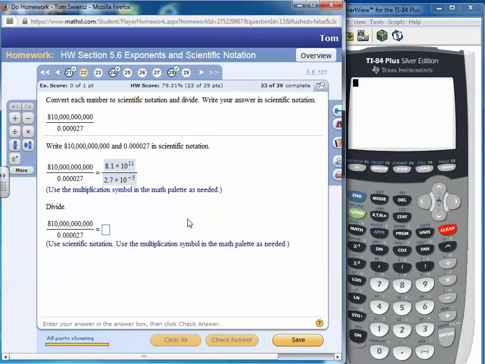Okay, and now they want us to actually do the division, so we can do it on our calculator.